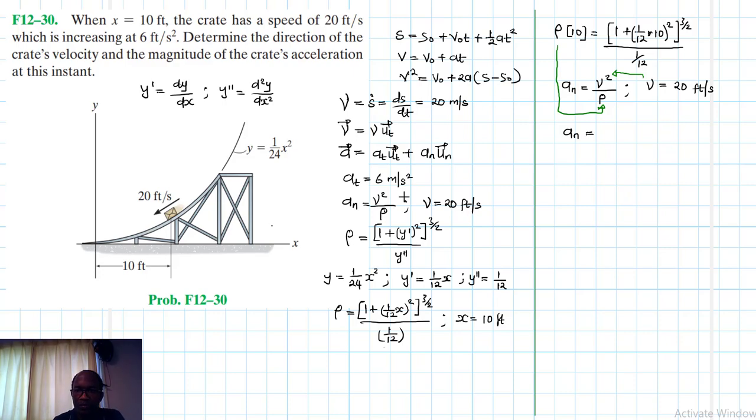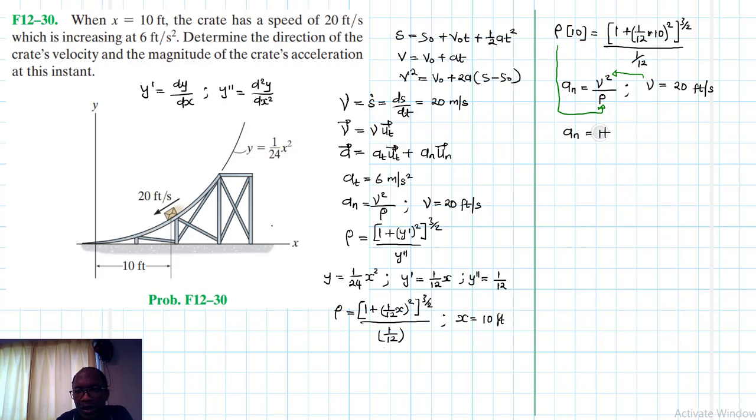I'll start with the bottom: 1 divided by 12 by 10, to the power 3 divided by 2, 1 divided by 12. And 20 squared divided by answer.